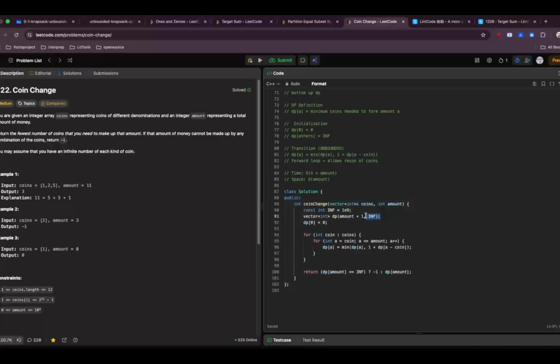That's why we initialize with infinity rather than -1, the way we did in the maximum scenarios, because what we want is the minimum.